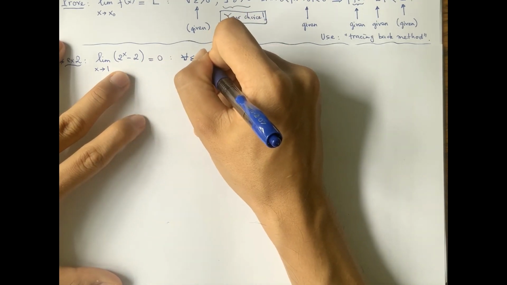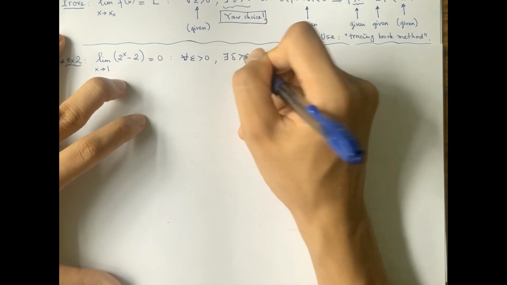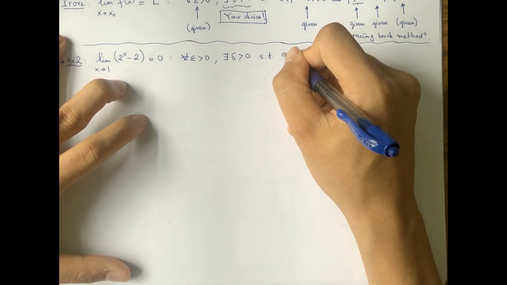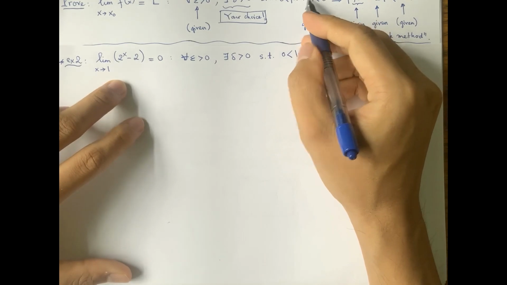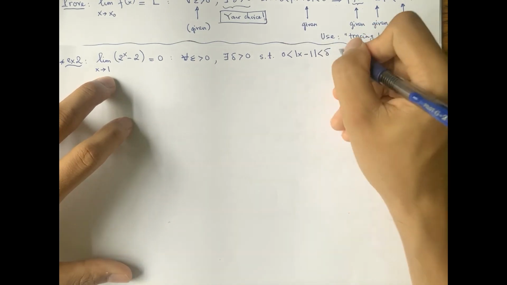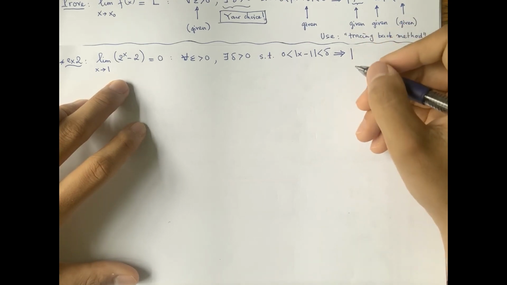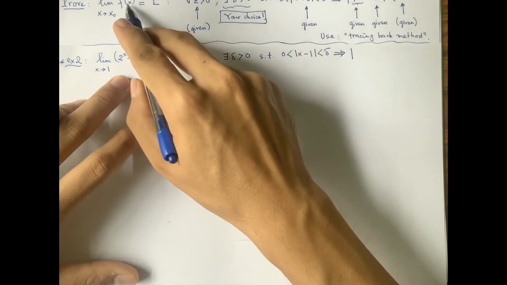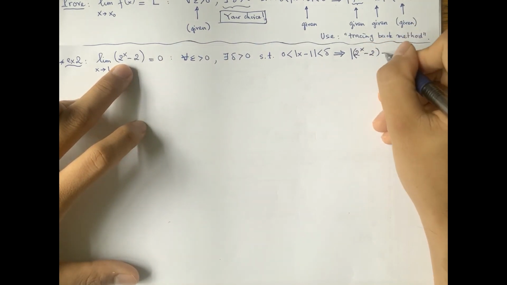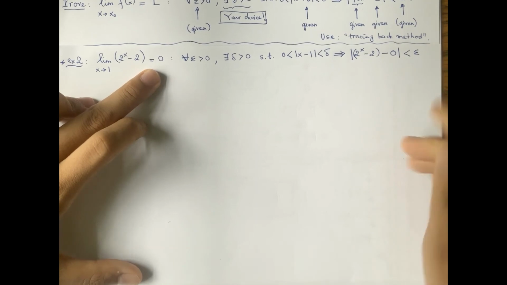So for every epsilon greater than 0, you should be able to choose a delta greater than 0, so that whenever you have the inequality absolute value of x minus x0, which is 1, less than delta, this inequality immediately implies the absolute value of f of x, which is the given function, minus L, which is 0, less than epsilon.